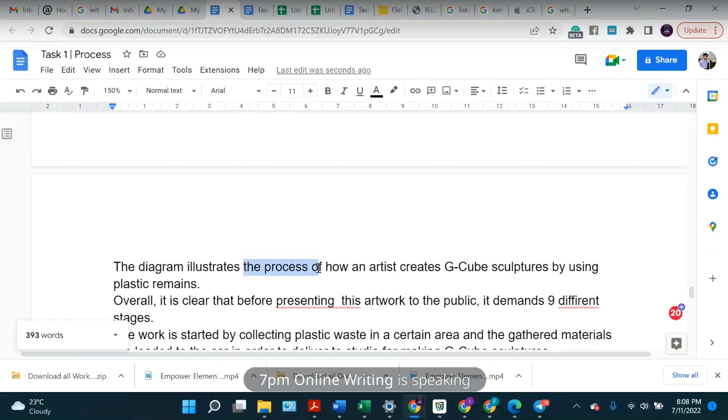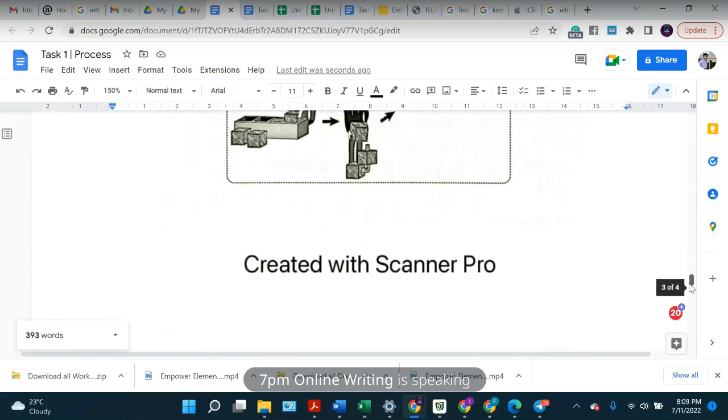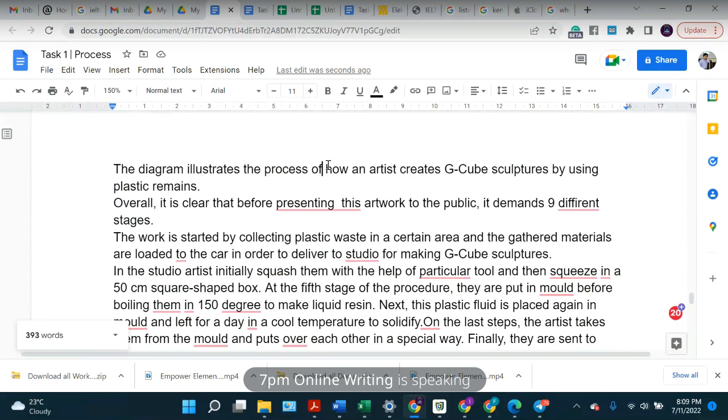So this is redundant. What if you want to use the word process instead of how? Because we already have how. We can say something like the process through which, maybe. The one thing that I noticed in Tahassoni's books, I've looked at some of his process reports and learned a couple of things.